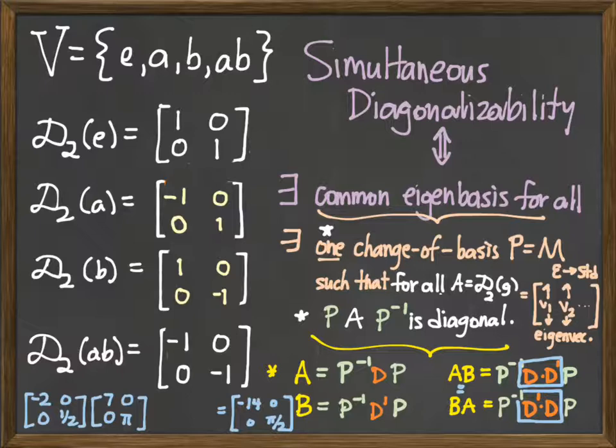But is matrix multiplication between matrices that are equal to their transpose commutative? No, that's too much to hope for. But what we can say is that simultaneously diagonalizable matrices commute with one another.